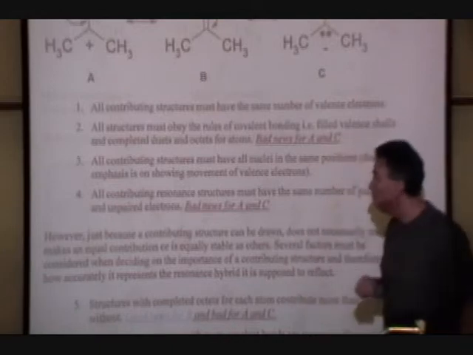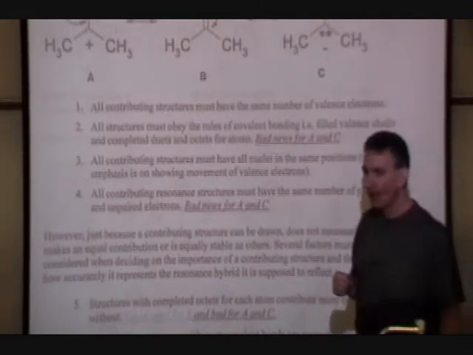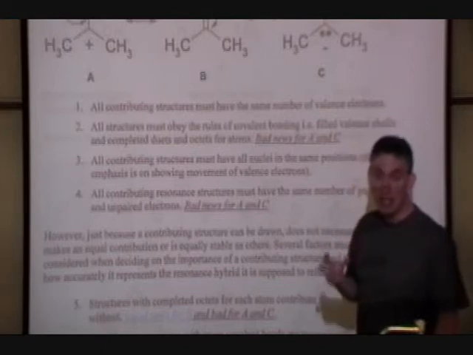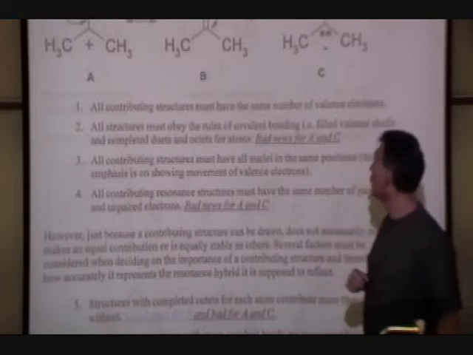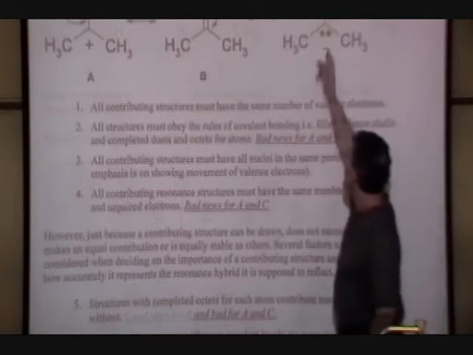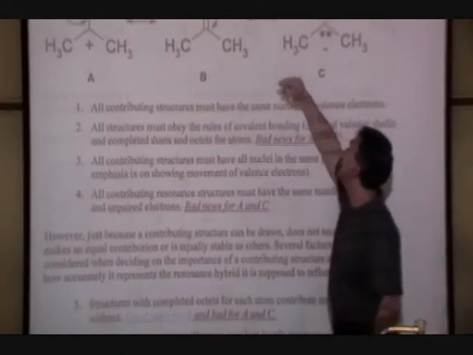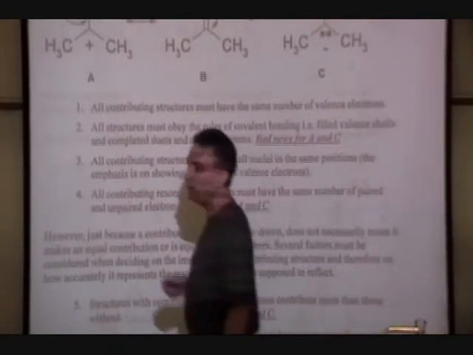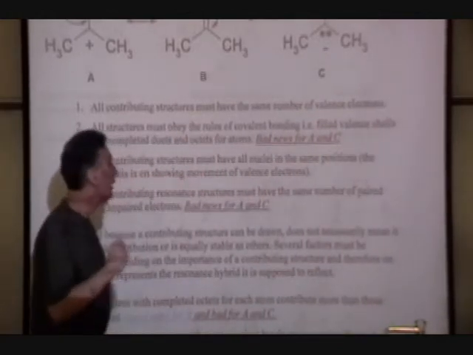That's bad for the stability of the structure, therefore bad for its potential to be a true part of the true molecule. And then the last one here, the oxygen has an incomplete octet as well. That doesn't seem healthy for the molecule, so it doesn't seem like a very good resonance structure.